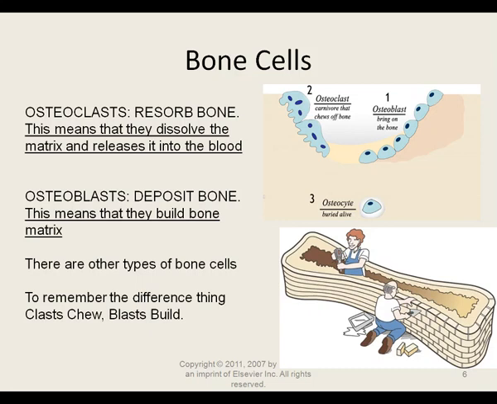Osteoblasts are building up bone. So think blast, think build, right? They're building up the bone. And the osteoclasts and the osteoblasts are working together to constantly remodel the bone in response to the environment, depending on what's going on in the body. But they are always working together, breaking the bone down, building it back up, breaking it down, building it back up.